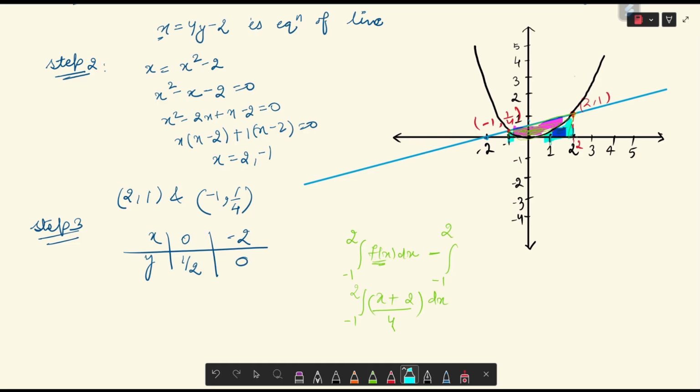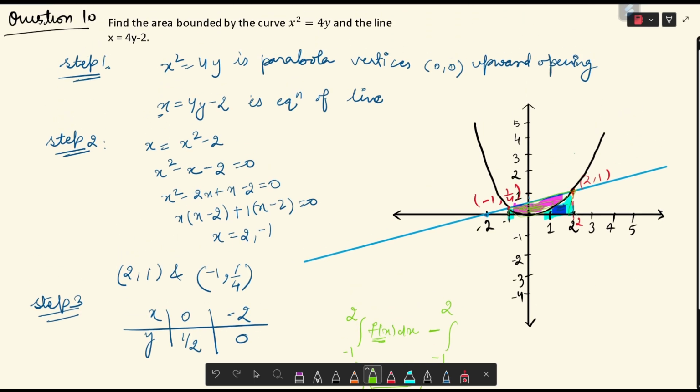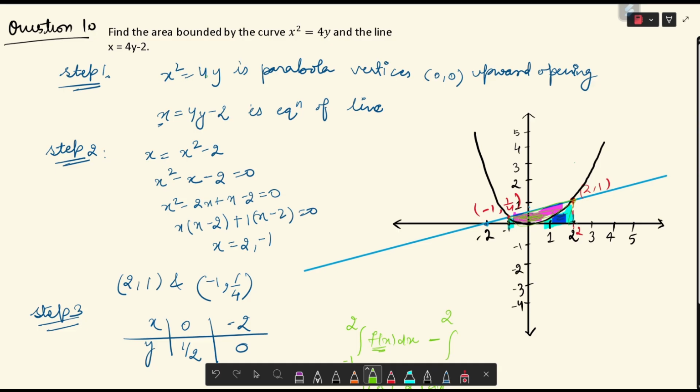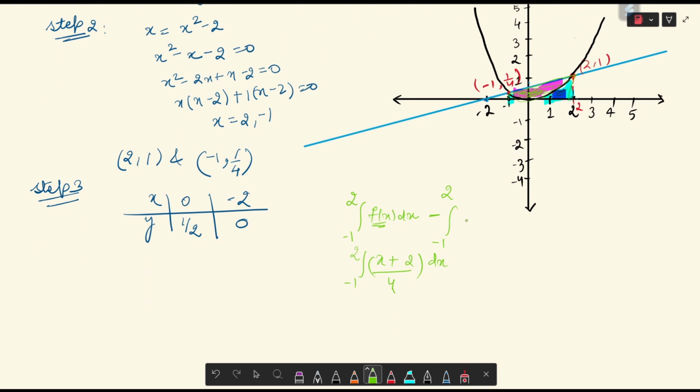This one also here. So for this we need to use the parabola equation, and from the parabola if we need to find the function of x, so it will be 2 root y. So it will be function of x, let me say this time g of x, because there are two different functions, dx, and let me substitute the value of gx.